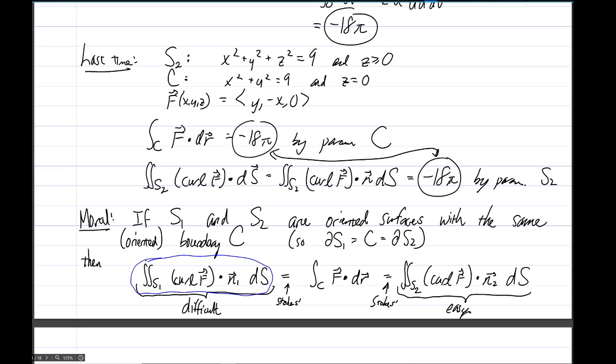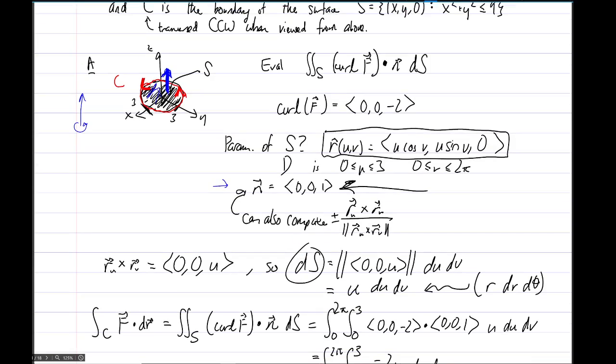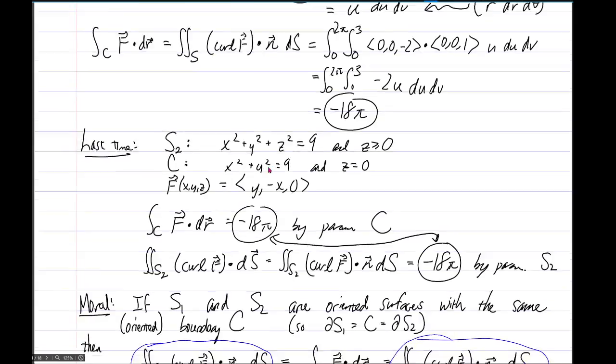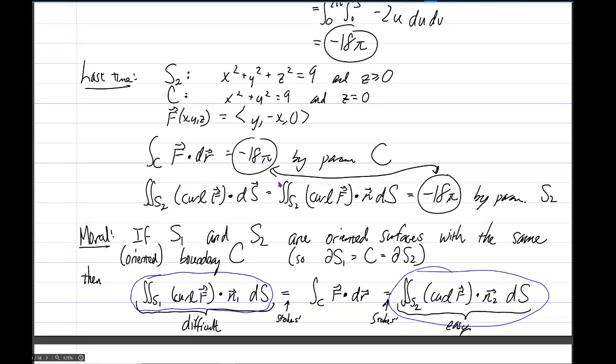It's not the worst thing in the world, but if you had your pick between the top half of a sphere or integrating the curl of the same vector field over a completely flat surface, this nice flat coin right there, then strategically we make a nice choice: instead of doing the difficult problem, we'll do this easy problem instead, and we won't even really do the problem in the middle.